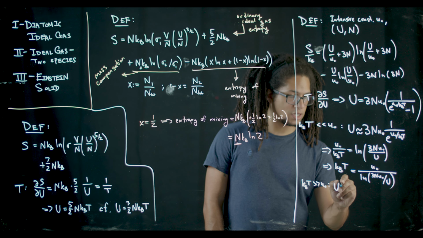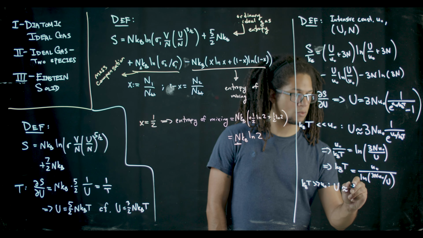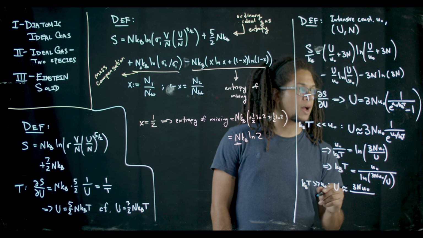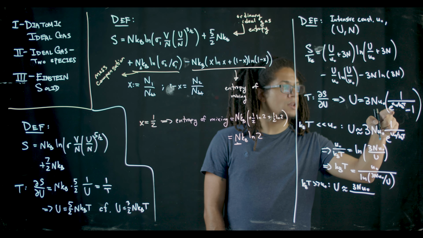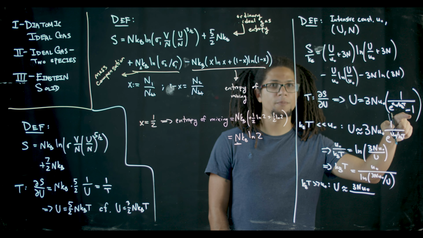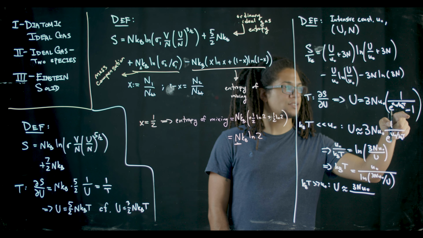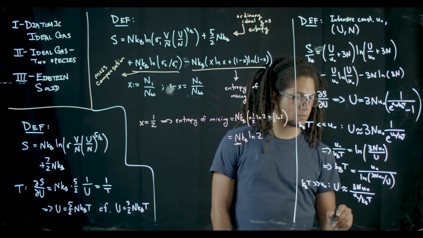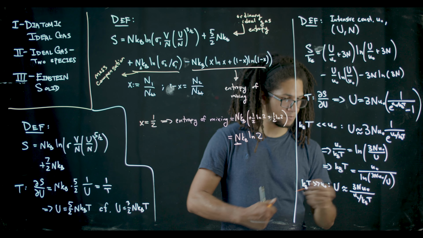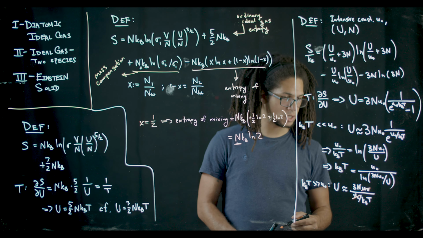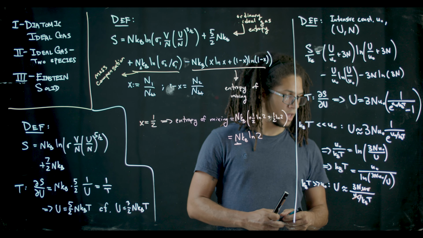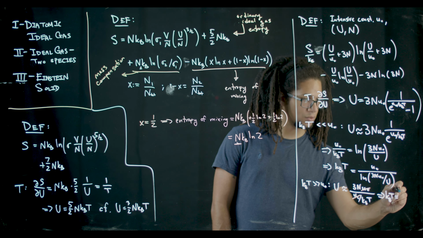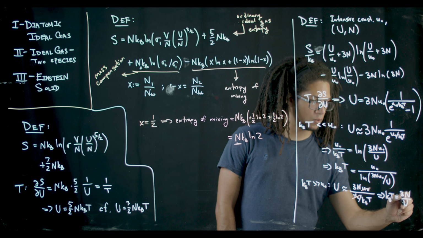In that case, we find U is approximately equal to 3N U naught divided by, and then we'll just get 1 plus U naught over k_B T minus 1. The 1 and the minus 1 cancel, and we just get U naught over k_B T in the denominator. Now, a couple of things cancel here, just the U naughts, really. And we can solve for k_B T. So we get k_B T is equal to U over 3N.